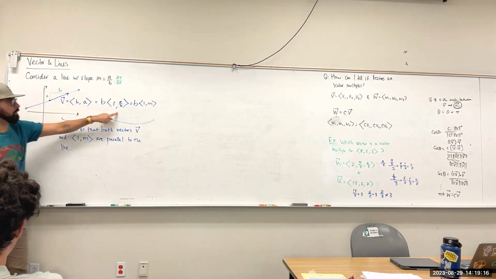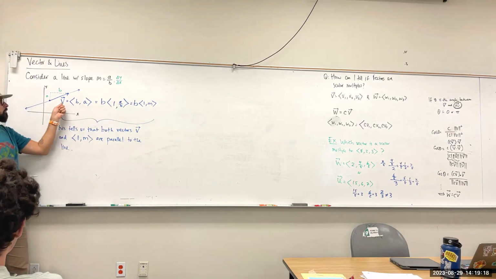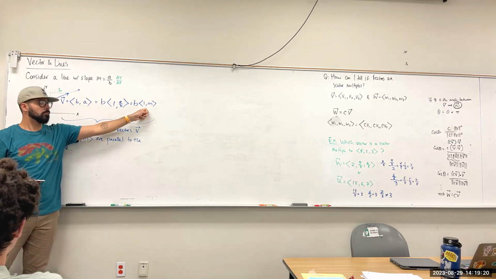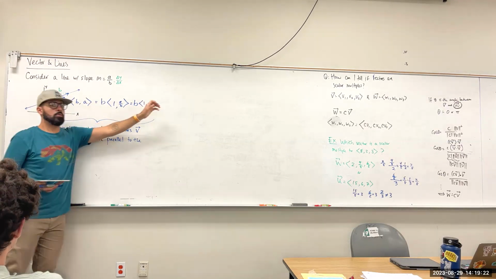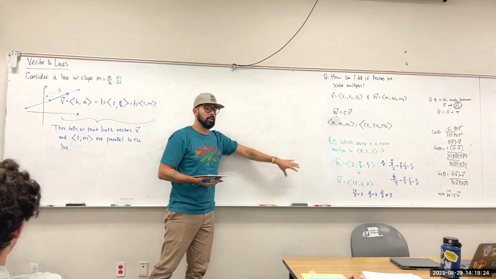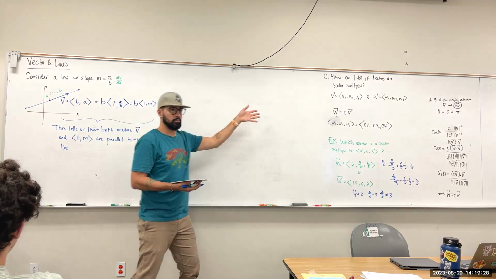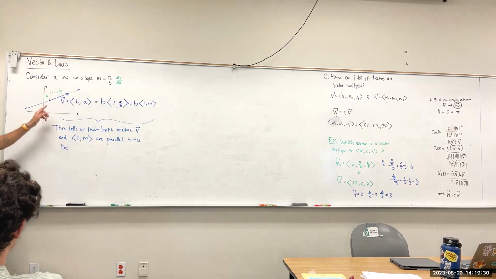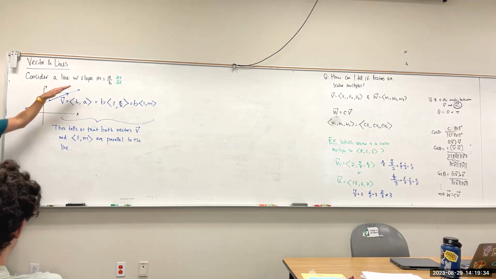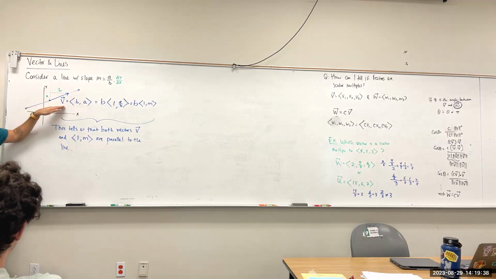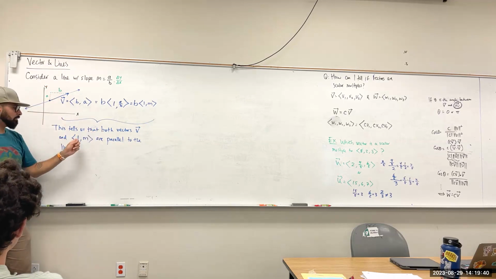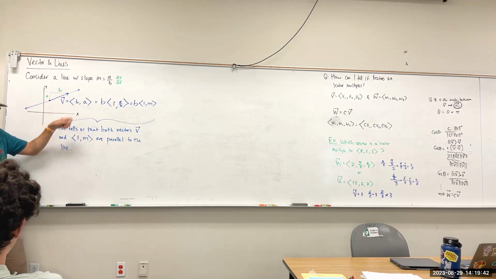Through algebra, I saw that vector V is a scalar multiple of vector (1, m). We discussed before the break that if two vectors are scalar multiples of each other, then they're parallel. And because vector V is parallel to the line, since it lies on points on the line, and vector (1, m) is parallel to V, then it must also be parallel to the line.